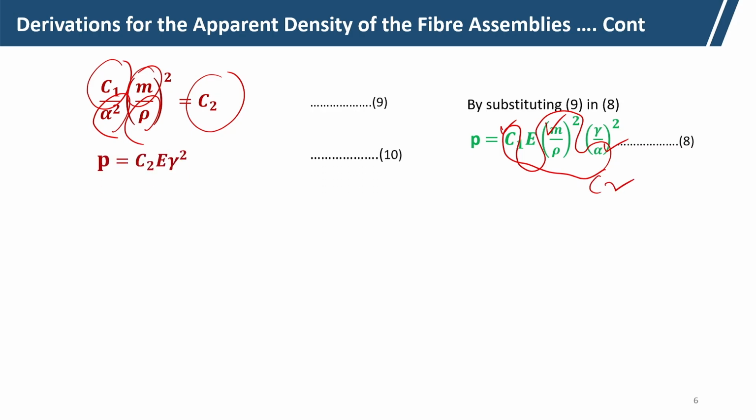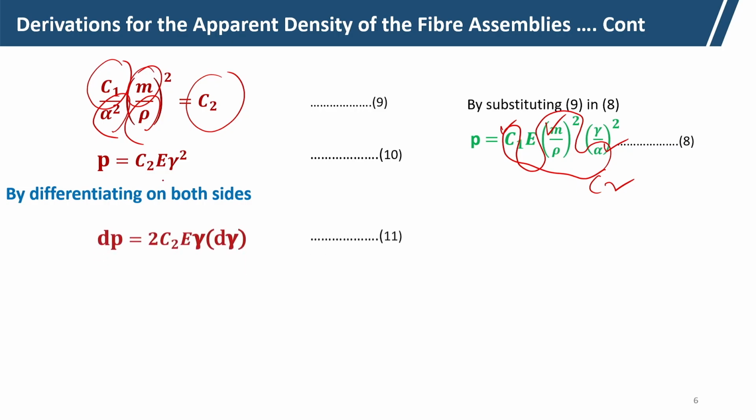So we get C2 E, where E is the Young's modulus, and gamma square; that is the pressure P. Now we differentiate both sides. It comes out to be dP equal to 2 C2 E gamma d gamma.